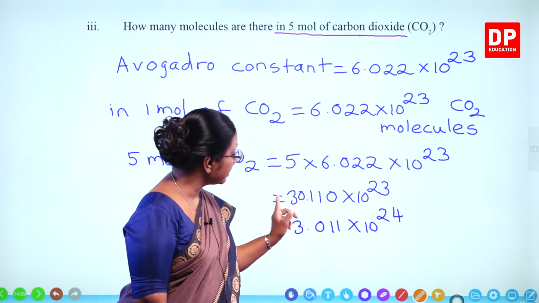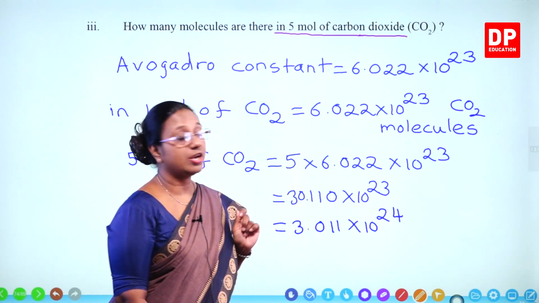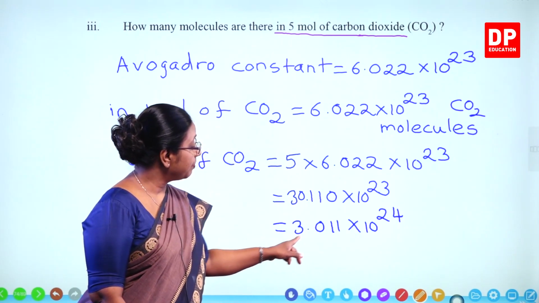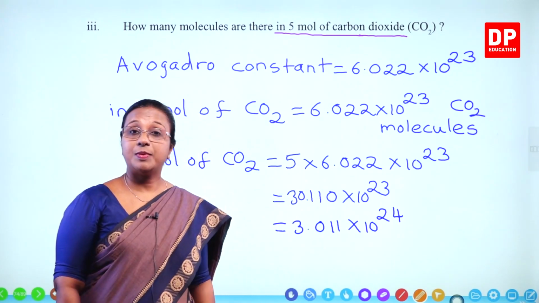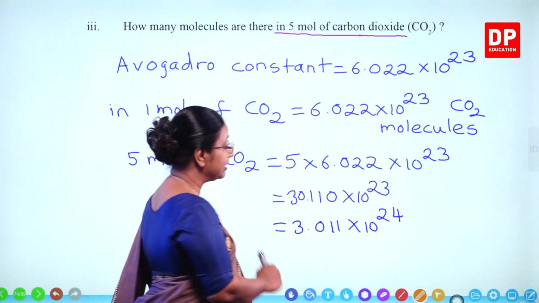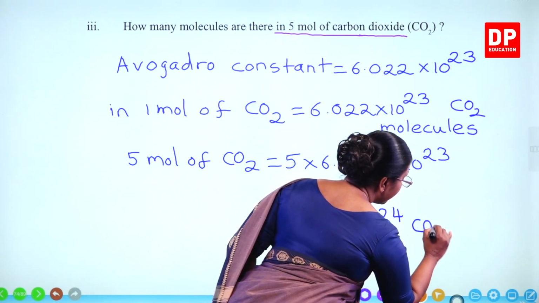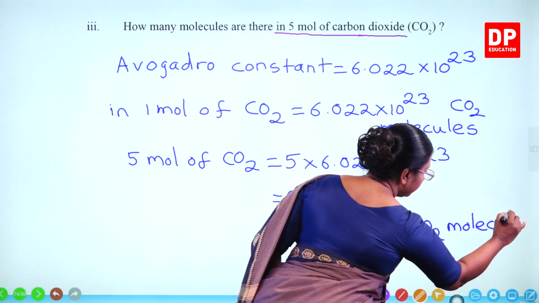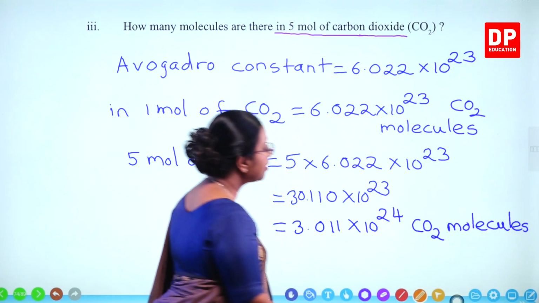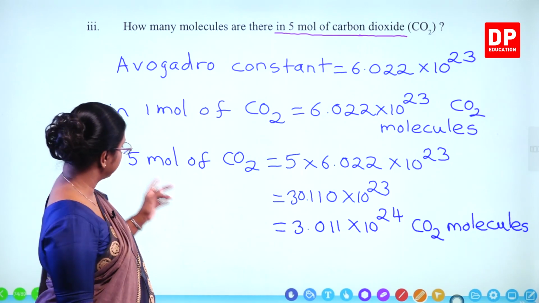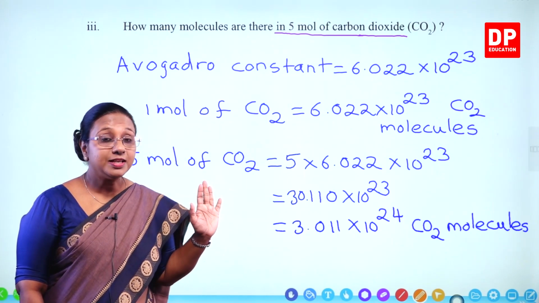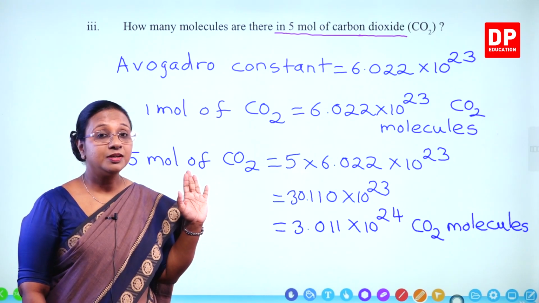You get the answer as 30.11 into 10 to the power of 23. When you rewrite it, 3.011 into 10 to the power of 24. What are these? Carbon dioxide molecules. That is the number of CO2 molecules present in 5 mole of CO2. Is it clear to you all now?